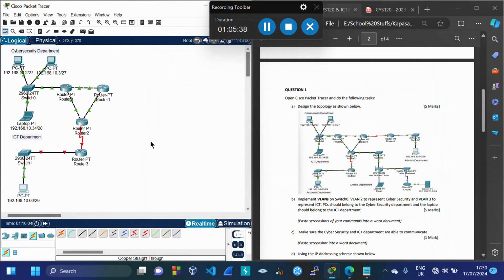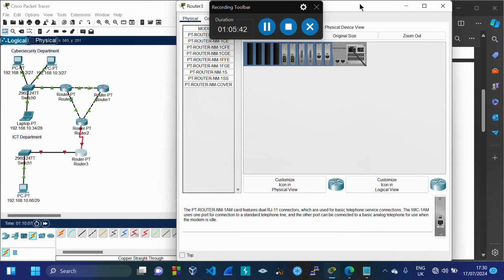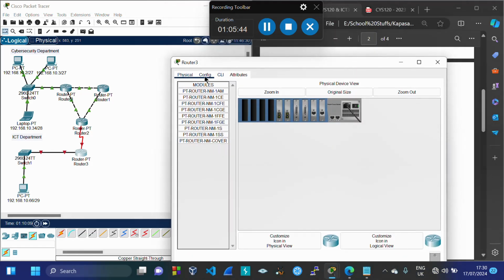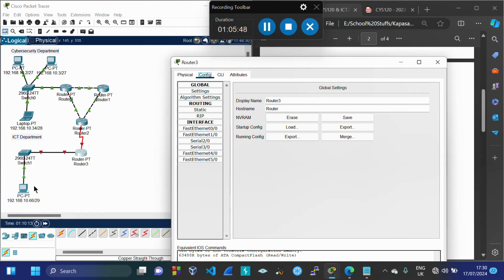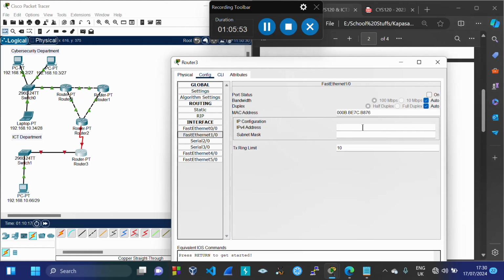So under this interface, which is FA1/0, which is connecting to the switch, we need to put the default gateway for this particular network. So I'll put .65, then 248, because this is the default gateway information of this network. Then I'll turn it on for that connection to be on.